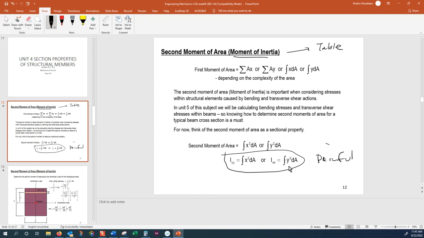right? So as engineers, you have access to the engineering tables. In the exam, you have access to the formula sheets. So you don't have to calculate the moment of inertia for a rectangle. You don't have to calculate it for a circle, because in the table you will be provided with a formula to find them. The question is how to use the table.